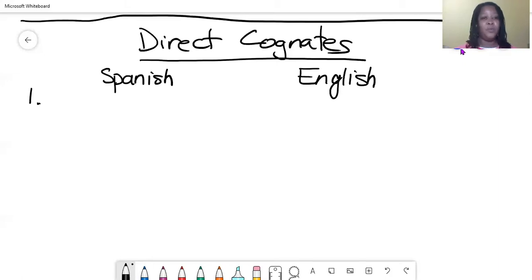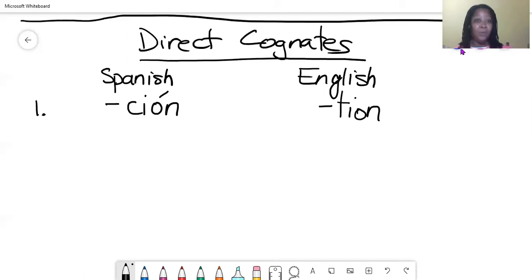Let's move our numbering down a little bit so we get some space. So the first category that we're looking at are those words in Spanish that end in C-I-O-N. They correlate to English words that end in T-I-O-N. And we're going to look at some examples under each.